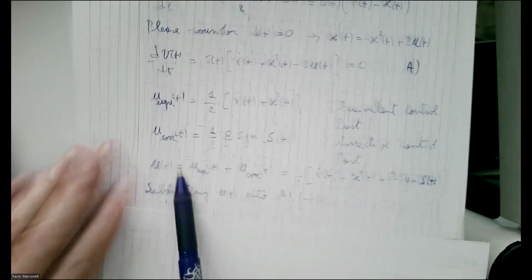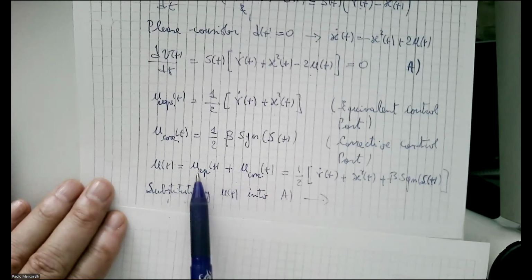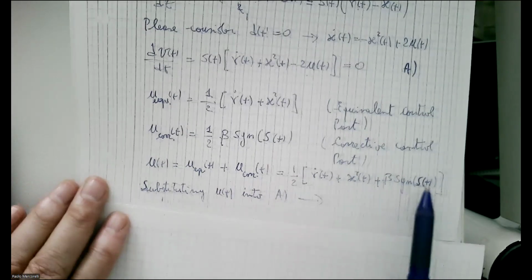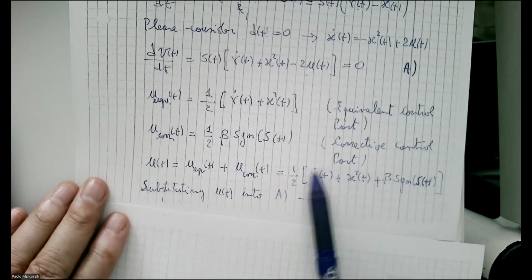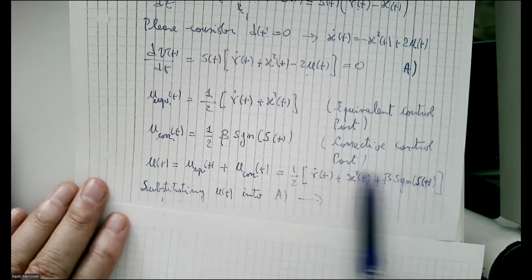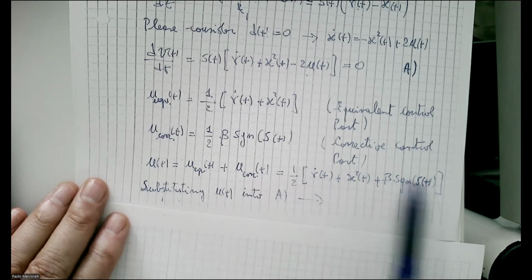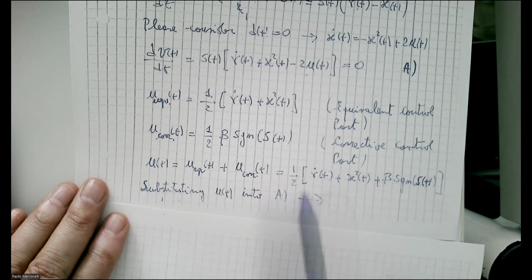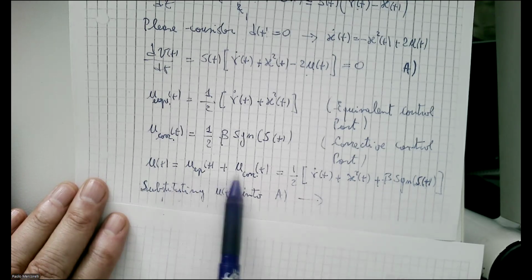Basically, this u of t is the sum of the corrective plus the equivalent part, which is here. This is the equivalent part plus the corrective part.